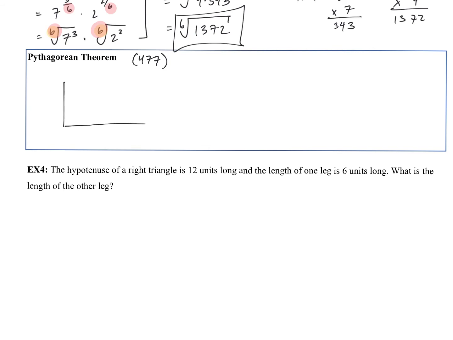If you have a right triangle, meaning there's a 90-degree angle, there's a way to relate the lengths of the sides. If you have legs A and B, and the hypotenuse, C, what do we know? If you square A and add it to the square of B, they equal C squared. A squared plus B squared equals C squared.